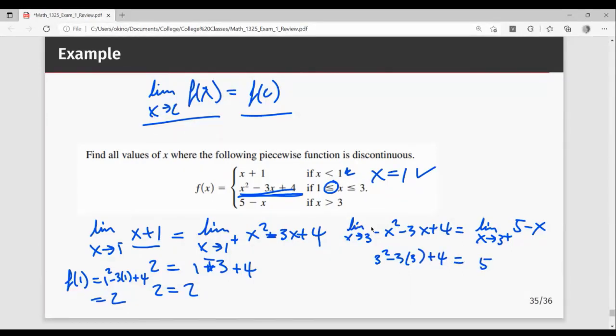And then here I'll have 5 minus 3. Let's see, are these equal? Here I have 9 minus 9, so 0, so you just have a 4. And 5 minus 3 is 2. These are not equal. So our left and right limits do not equal, so our limit itself does not exist. So x equals 3 is discontinuous.